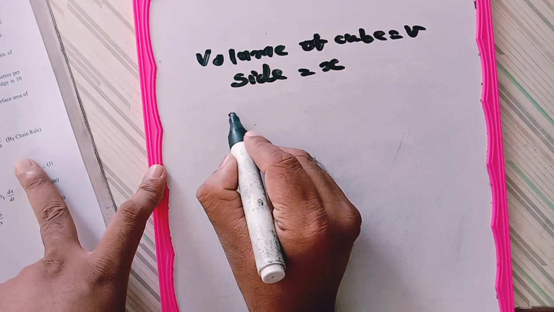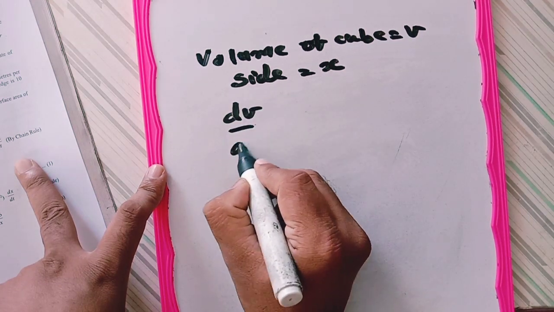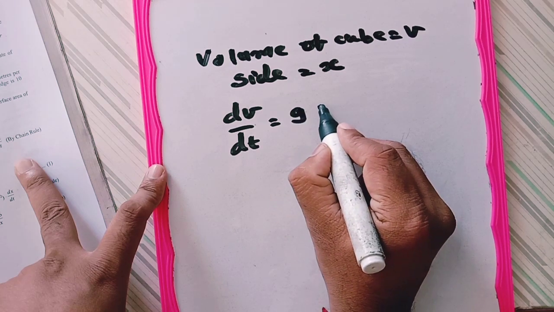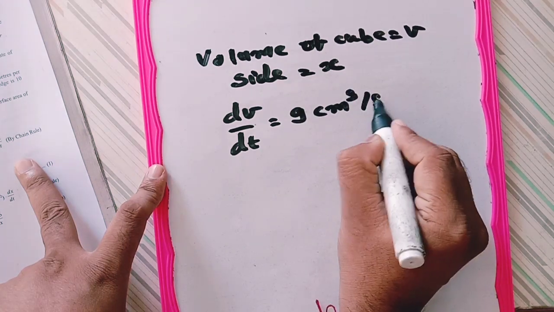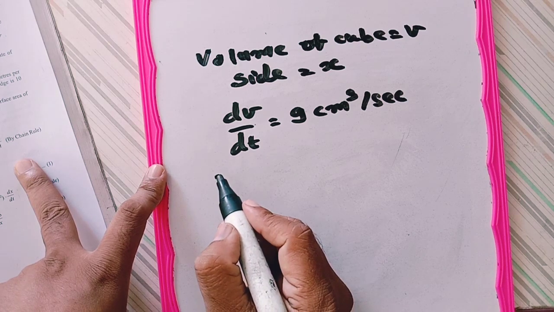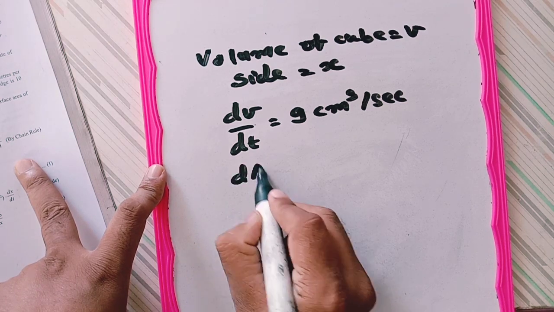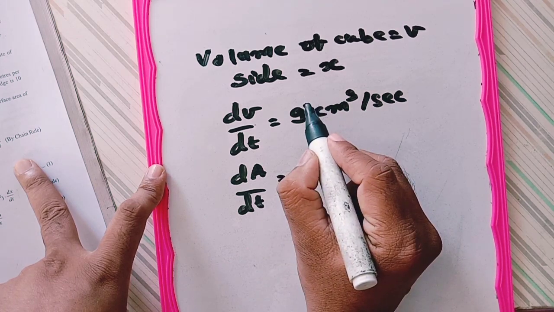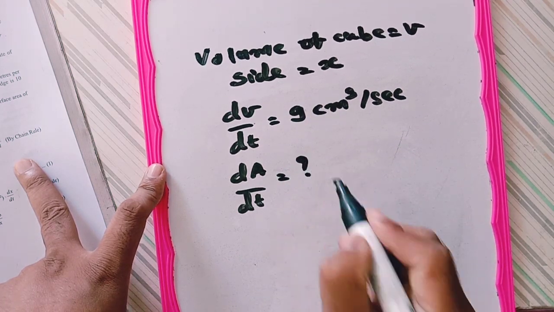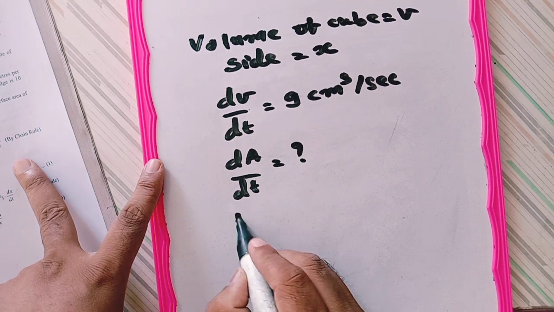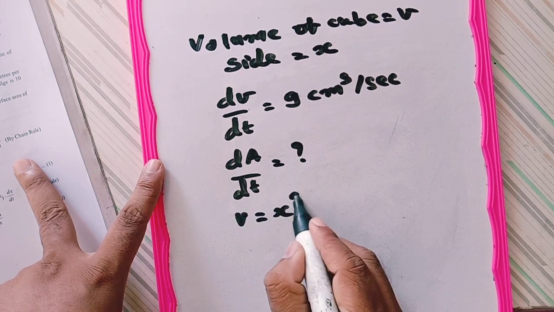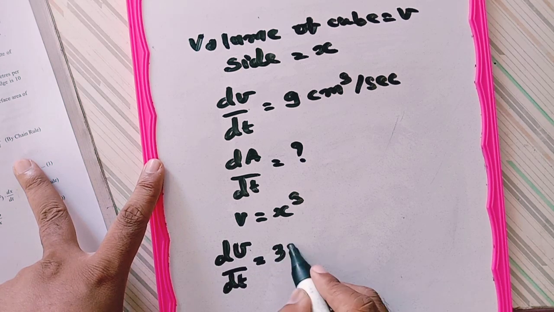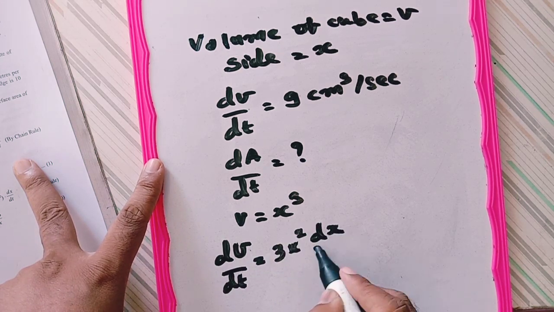So dV by dt is given as 9 centimeter cube per second, and for the surface area we have to calculate dA by dt, where A is the surface area. The volume of the cube is x cube, so dV by dt equals 3x square dx by dt.